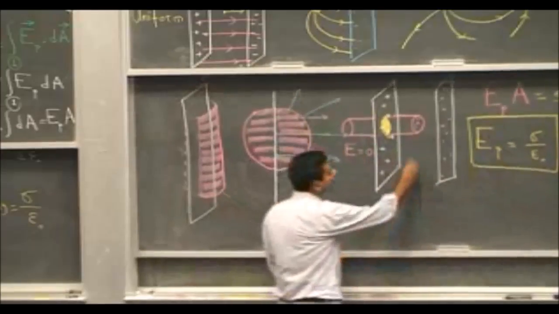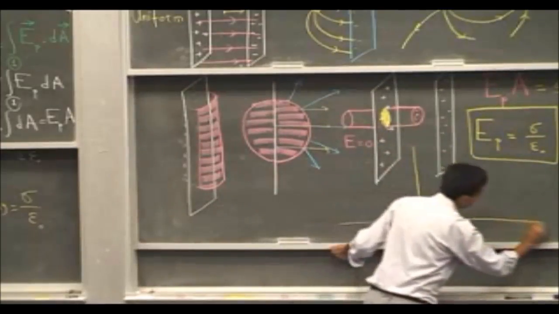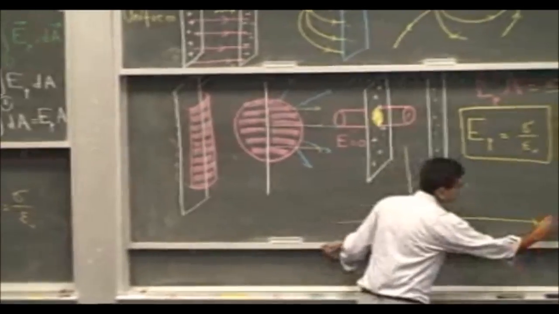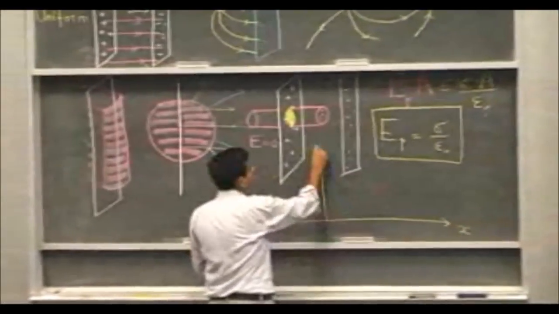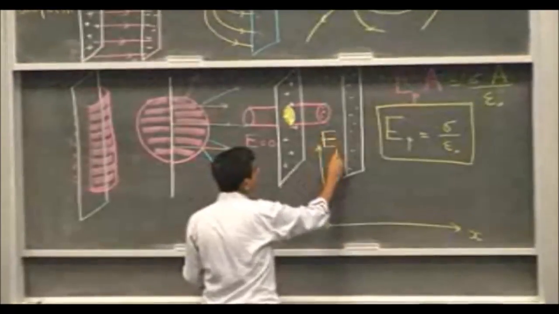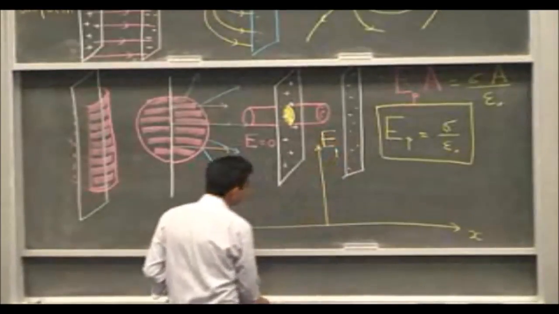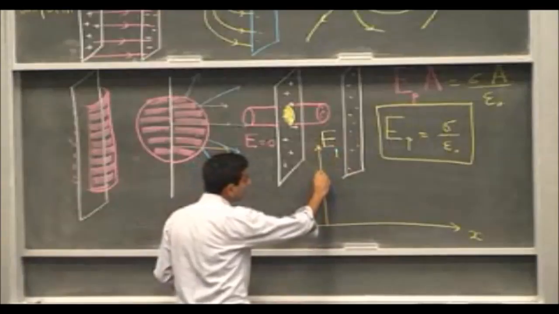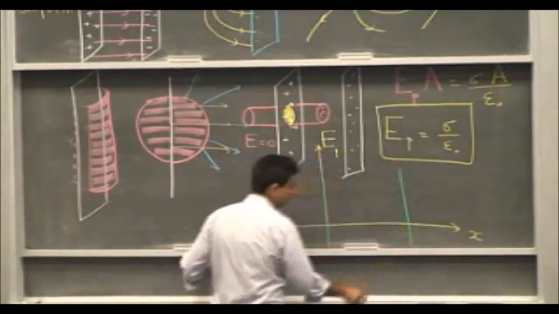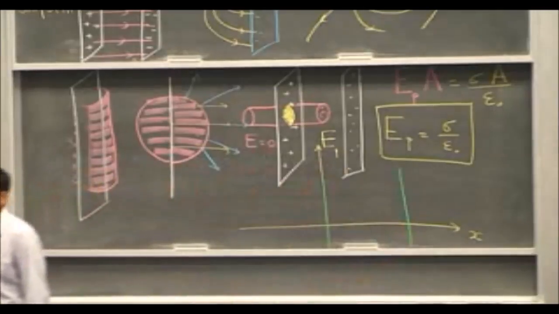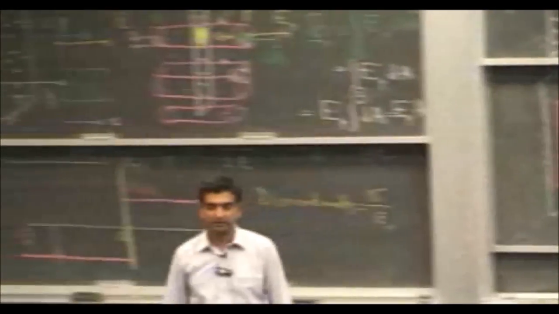Now, could you draw the electric field versus X? The magnitude of the electric field versus X. Suppose this is the position of the positive plate and this is the position of the negative plate. What will a plot of the electric field look like?